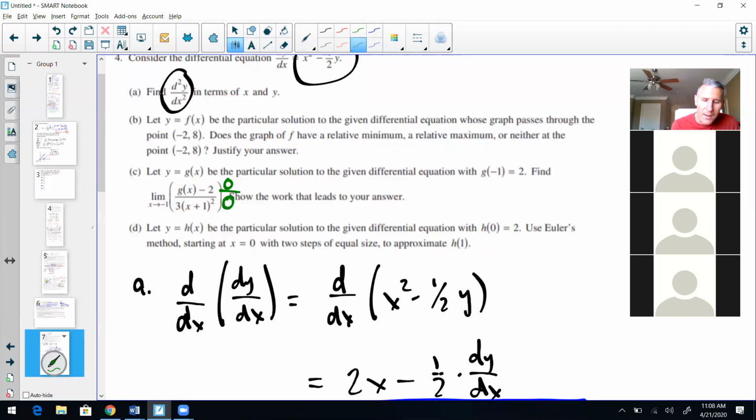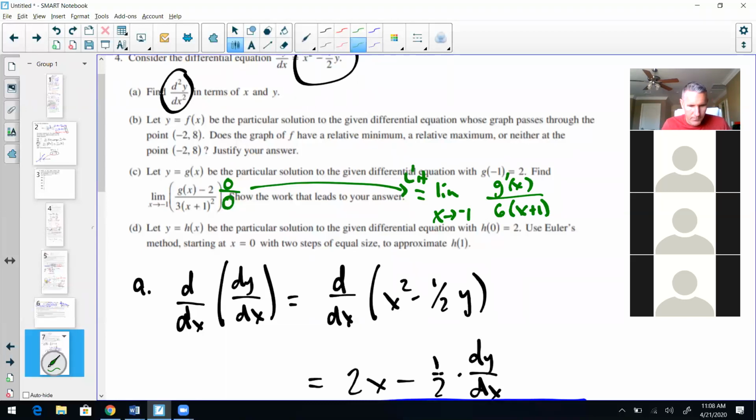So I know that this is equal, by L'Hopital's rule, to the limit as x approaches -1 of g prime of x over, now it's the derivative of the denominator, which is going to be 6 times quantity x plus 1 to the first power, times 1.